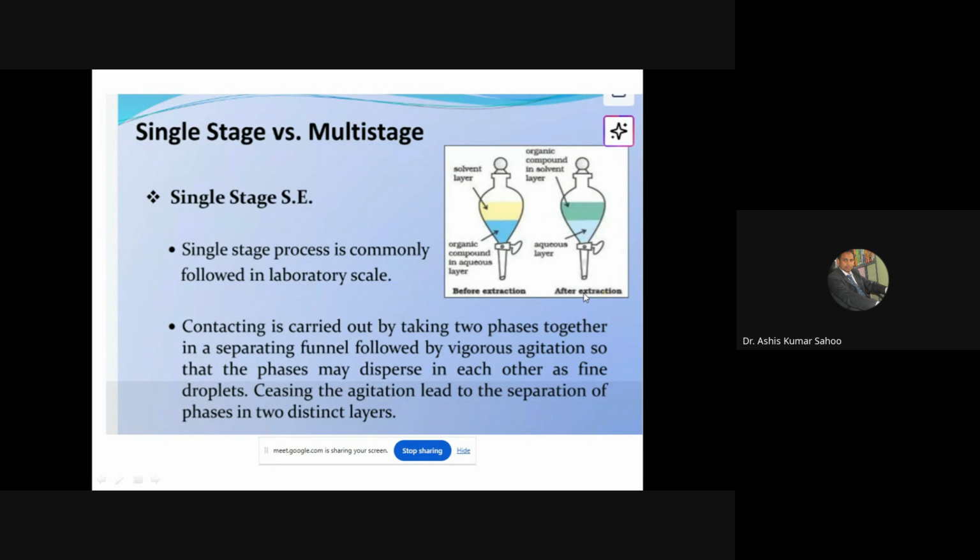After extraction, we get the organic compound in the solvent layer, whereas the organic compound in the aqueous layer was there in the before state. The single stage process is commonly followed as a laboratory step. Contacting is carried out by taking the two phases together in a separating funnel followed by vigorous agitation so that the phases may disappear.